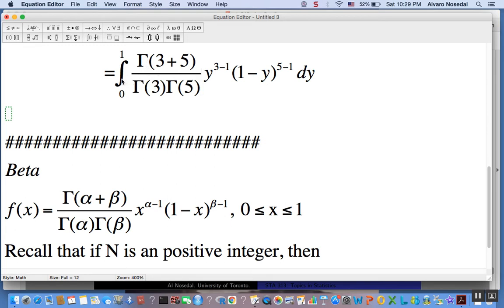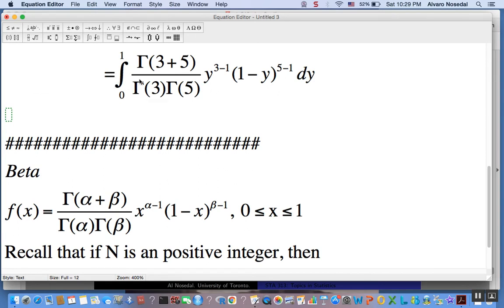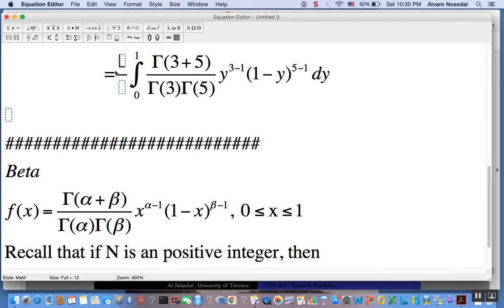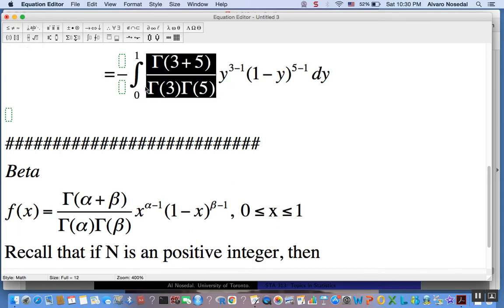Okay, so now the thing is that we multiplied by this, we divided by this. So if we are going to be doing things legally, right, if we don't want to do anything inappropriate, what we have to do is multiply by the reciprocal here, because then this is just a 1, right?